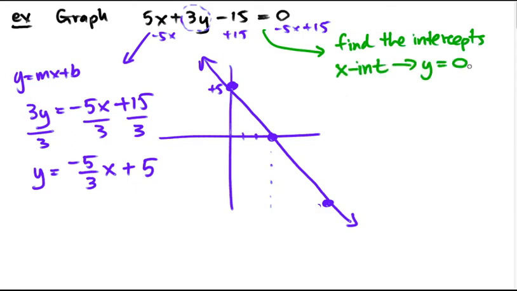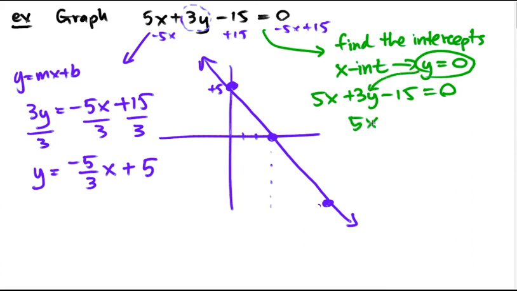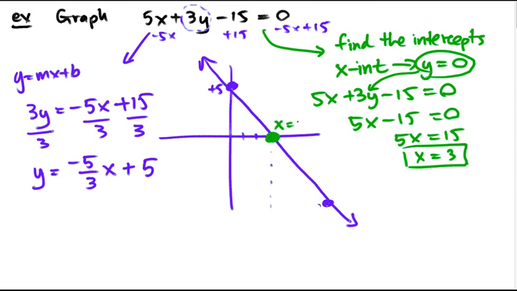It always has a y value of 0, and knowing that, if I want to find the x-intercept of my graph, 5x plus 3y minus 15 is equal to 0, if I make the y value a 0, then I get 5x minus 15 is 0, or 5x is equal to 15, or x is 3. That is my x-intercept.